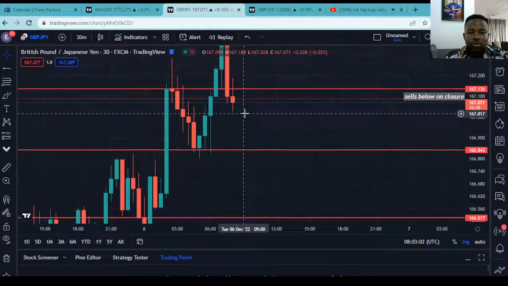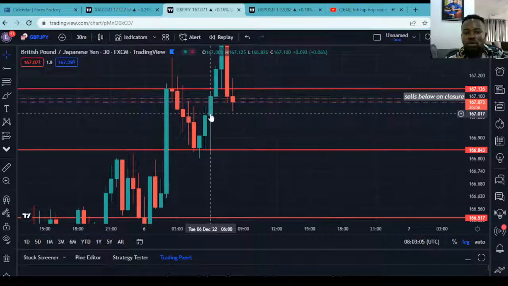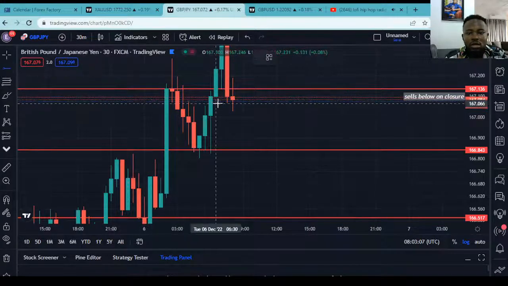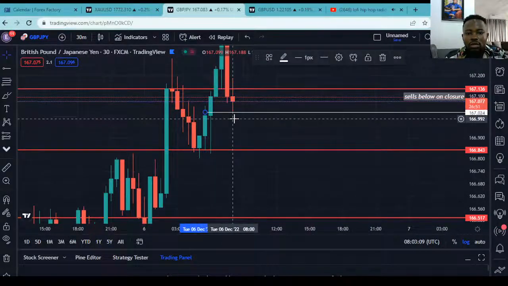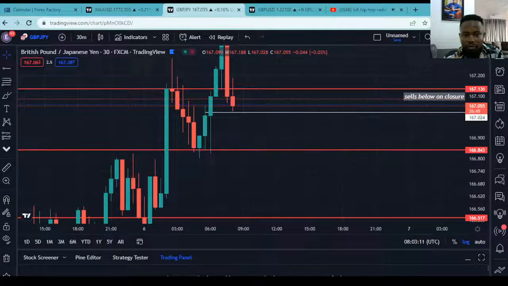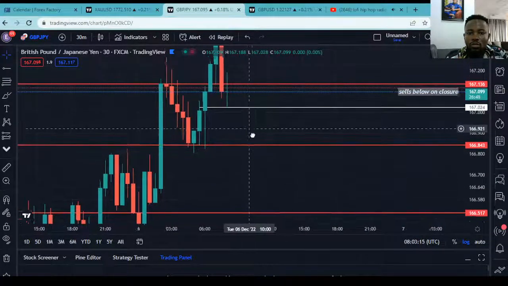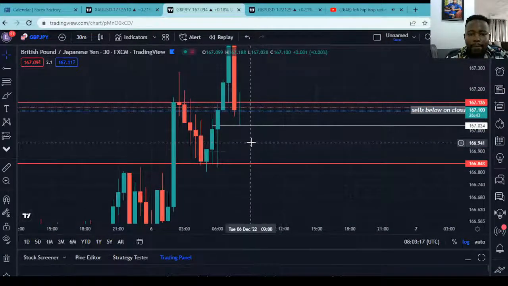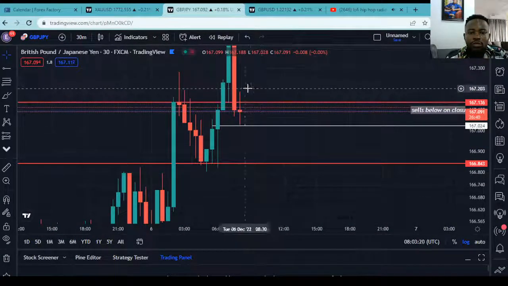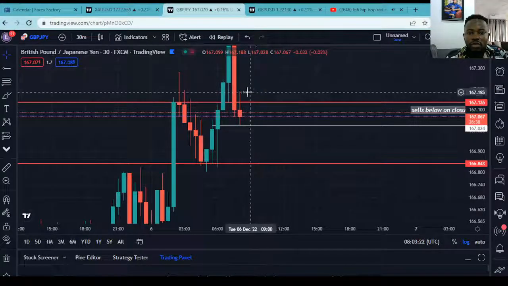We just need a little push to break its own lows. If we break its own lows, this is where I will execute my sells from. And my stop loss will be at the highs that we've made here.